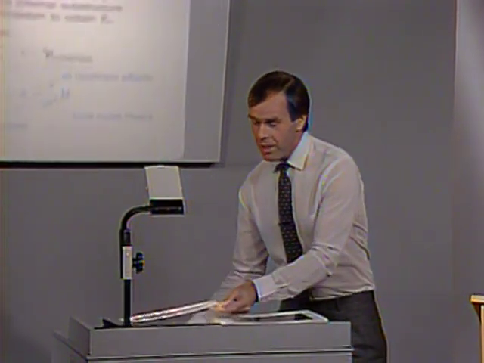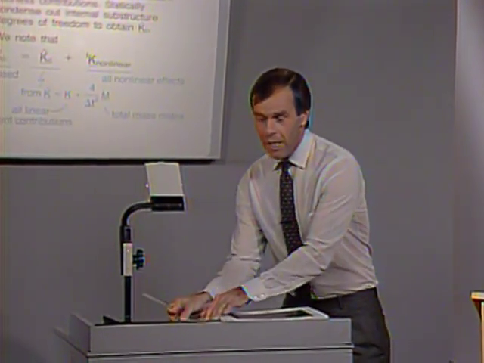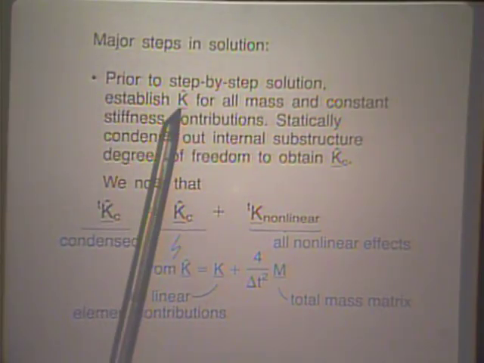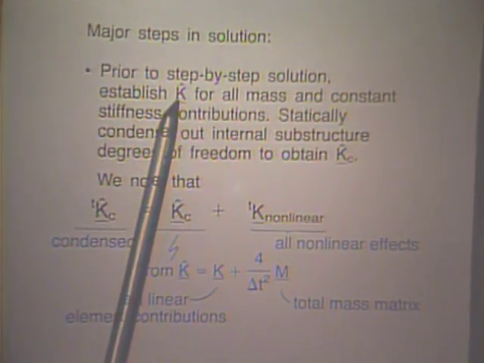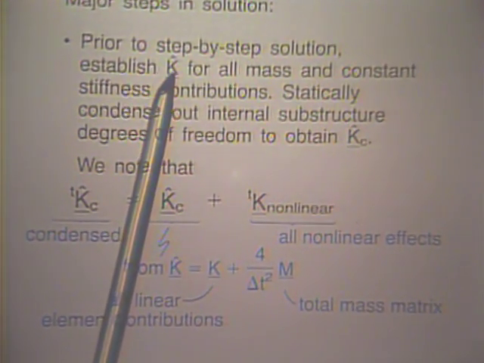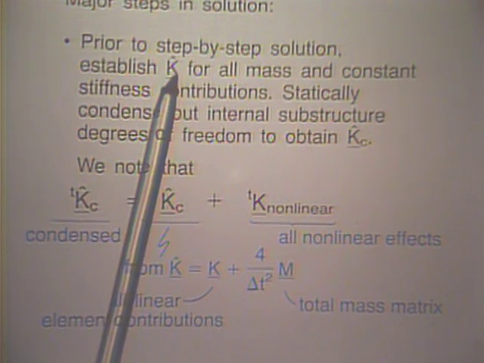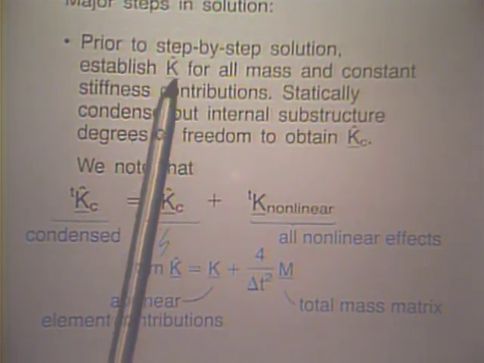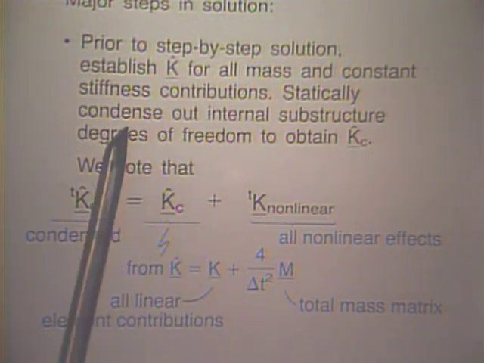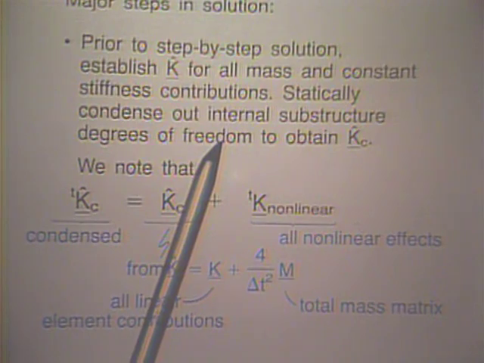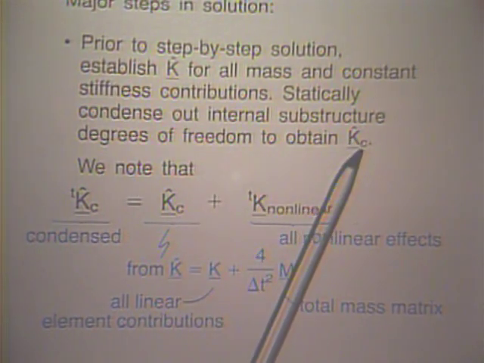The major steps in the solution are as follows. Prior to the step-by-step solution, we establish the K hat, the linear effective stiffness matrix containing K plus 4 over delta T squared M. And this K hat matrix is then used to statically condense out all internal substructure degrees of freedom to obtain this K hat C, C standing for condensed matrix.